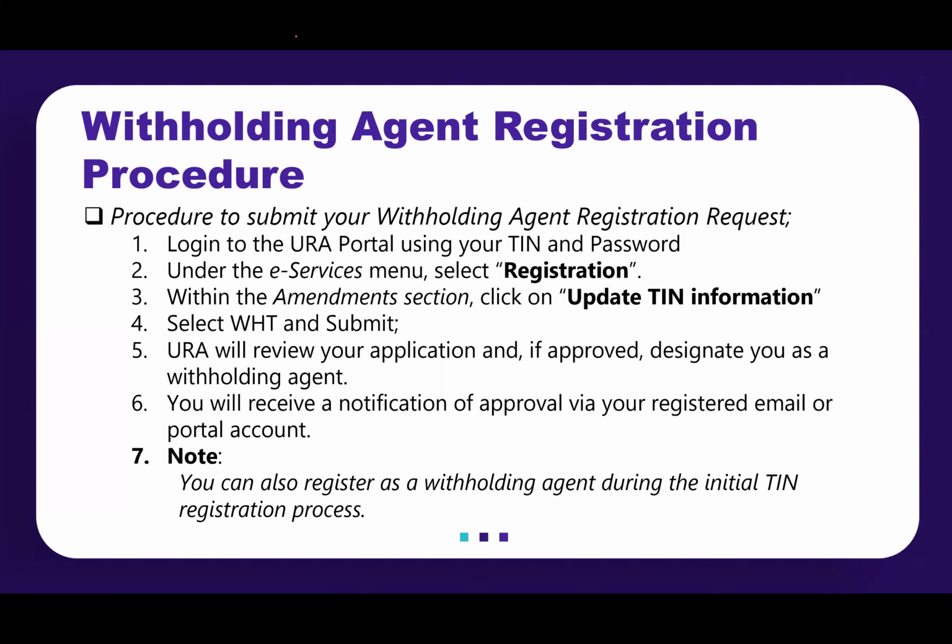You have transactions where you need to withhold. So when you submit, URA will review your application, and if it is approved, they will designate you as a withholding agent. You will receive a notification of approval via your registered email or portal account. You're going to see that.